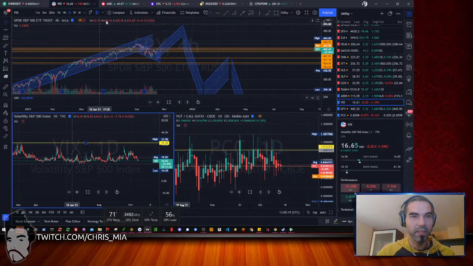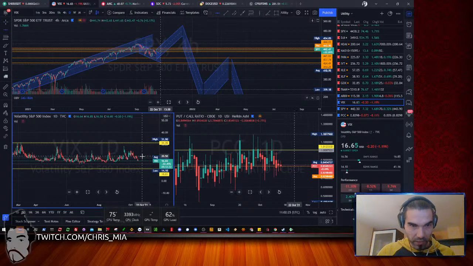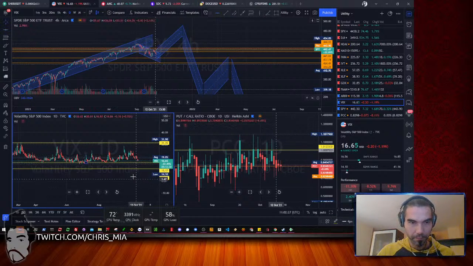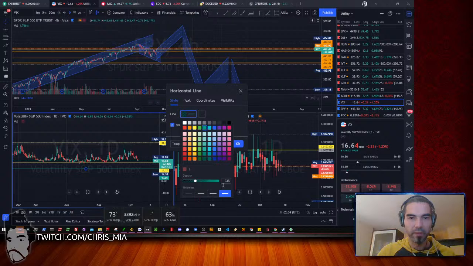A stable VIX would probably be around the 10 value, up to maybe 15. So having the VIX between 10 and 15 is good.